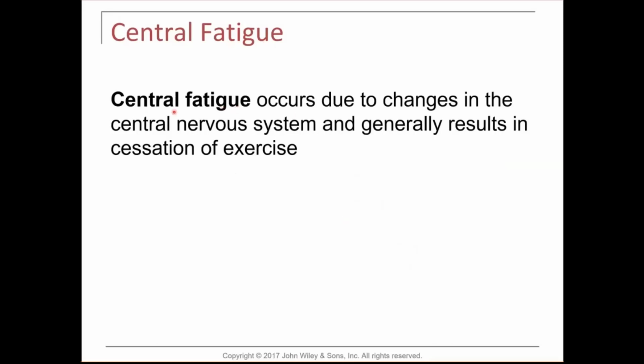So real quickly on central fatigue, this is when the central nervous system, your brain basically, is cutting out the exercise and the contraction of those muscles. It's basically saying, to prevent any further damage to your muscles, cut out the exercise. This is something that you can overcome. This is why you see, like, on Instagram, people grinding away at heavy weights, and they're overcoming central fatigue.